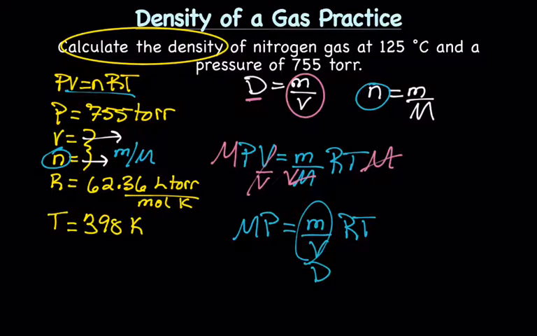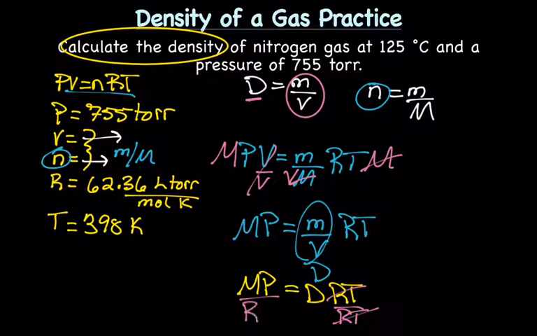So now we have molar mass times pressure equals density times RT. And now let's just divide both sides by RT. And yay, we finally did it.